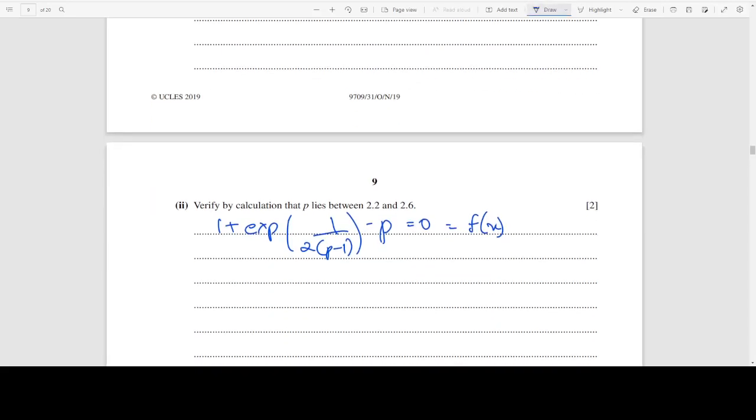Sorry, it's going to be f of p because p is our main variable over here, and when p is equal to 2.2, f of 2.2 is equal to 1 plus, so we are just going to substitute p for 2.2, and we'll just use our calculator to find the answer.